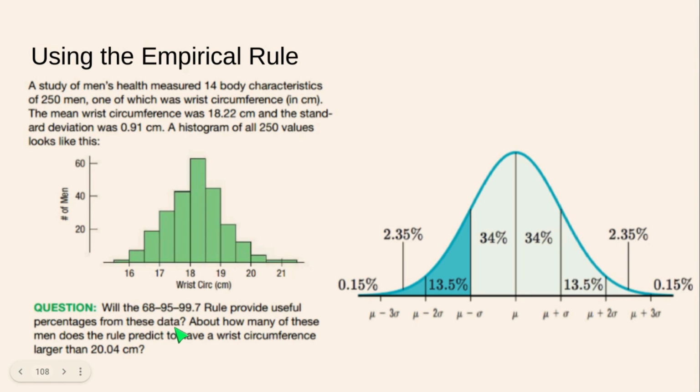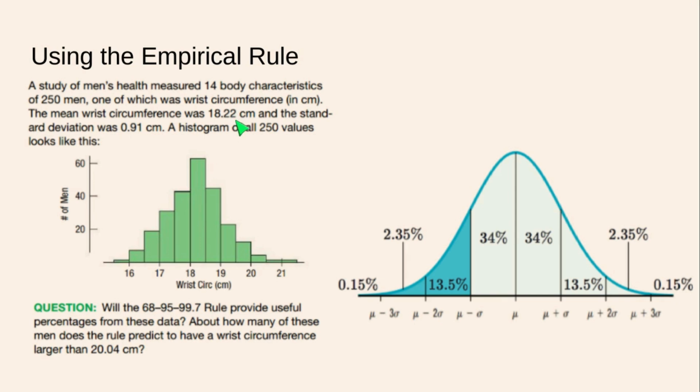Absolutely. The nearly normal assumption is more than satisfied. About how many of these men does the rule predict to have a wrist circumference larger than 20.04 centimeters? Okay, so how would we solve this problem? We would first note that 20.04 centimeters is exactly 2 standard deviations above 18.22 centimeters.